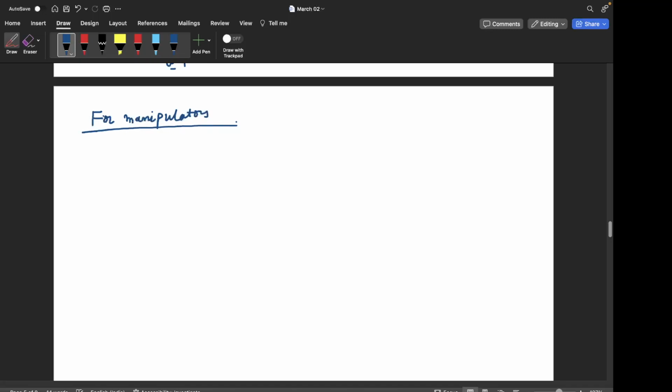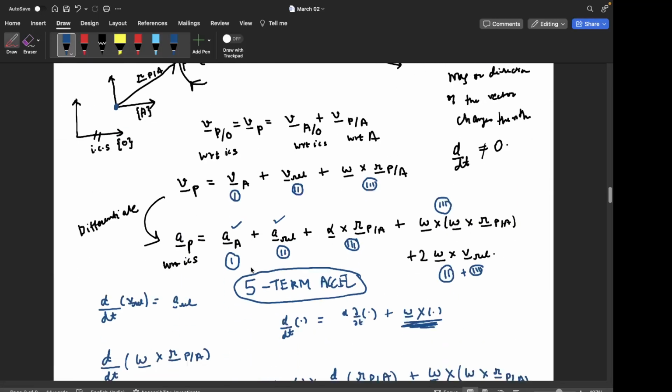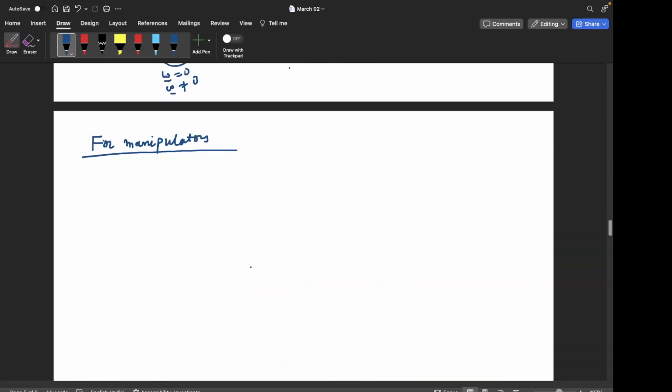We want to write similar relations like this, which we wrote here for manipulators, angular and linear acceleration.